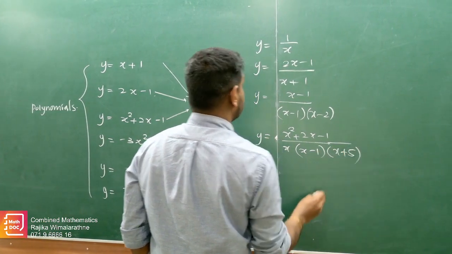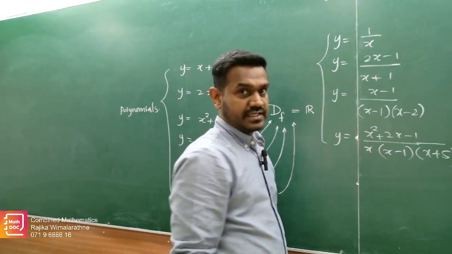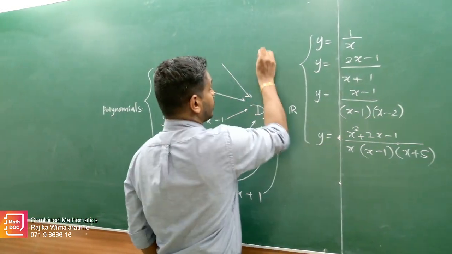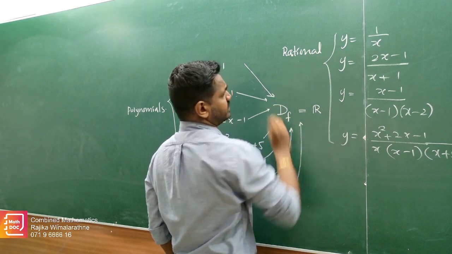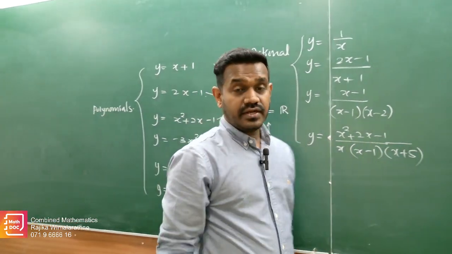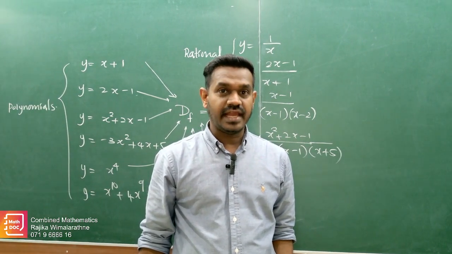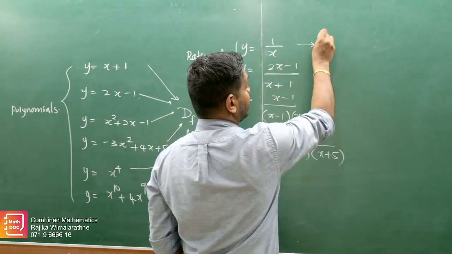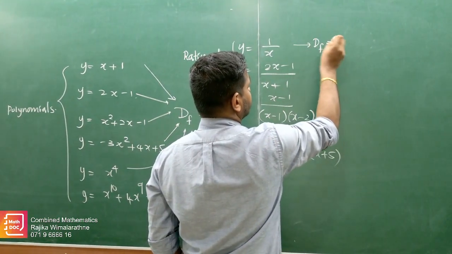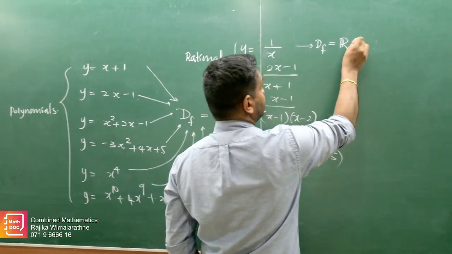These functions we call rational functions. For rational functions, remember denominator zeros must be eliminated. So here the domain is usually the real numbers, then the denominator zero is 0. You remove it.